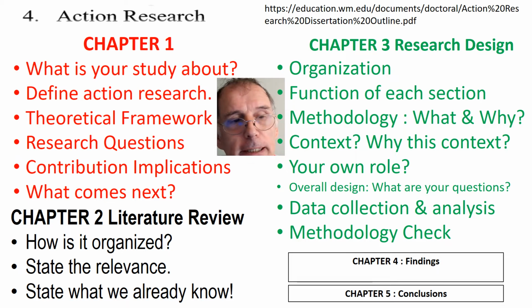Your own role. Overall design. What are your questions? Data collection and analysis. So what data supports your research, and then you check your methodology. Okay, chapter 4, findings, pretty self-explanatory, and chapter 5, conclusion.